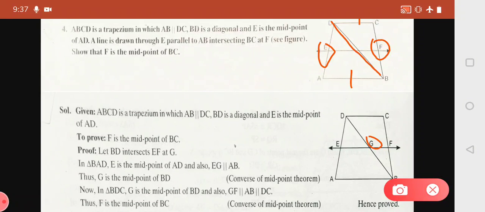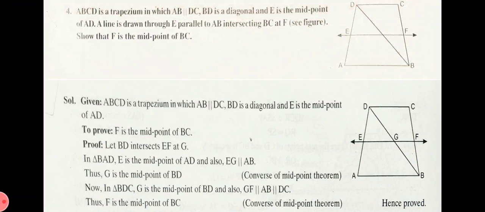So in triangle BAD, yes, this is our triangle BAD. In triangle BAD, E is the midpoint of AD and also EG is parallel to AB, because DC is parallel to AB. Thus, G is the midpoint of BD by converse of midpoint theorem.